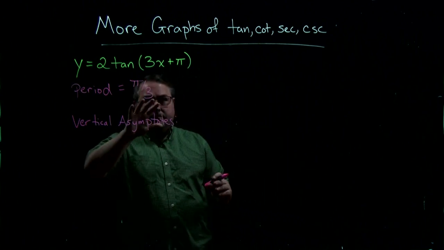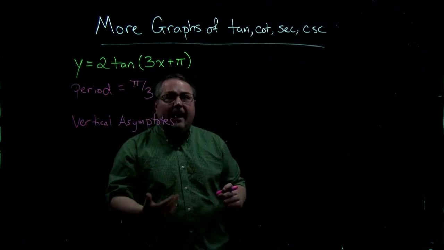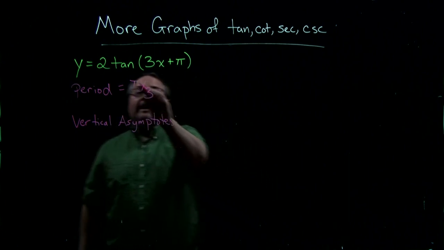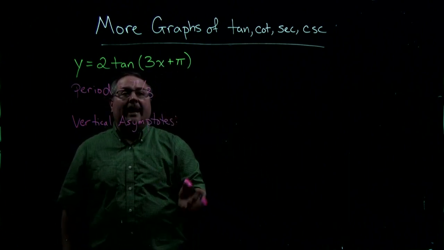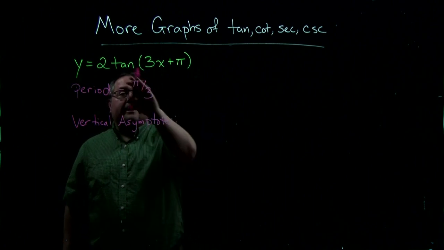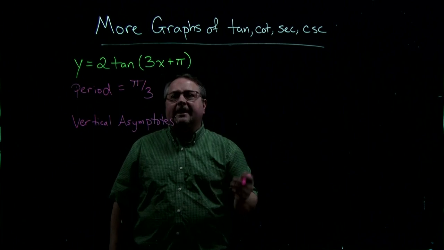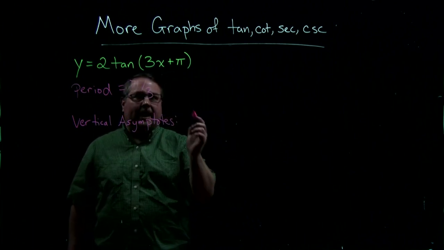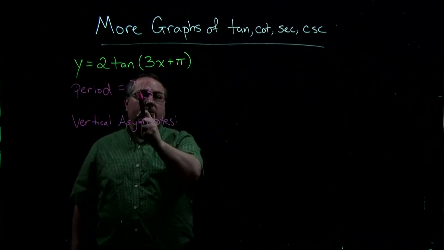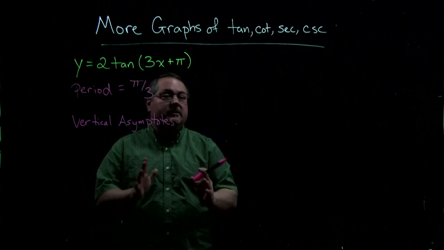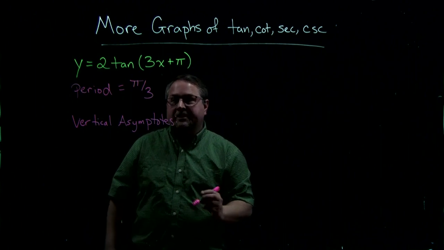Now, we're not taking the tangent of x, so we don't want the cosine of x to be 0. We're taking the tangent of 3x plus pi, so we want the cosine of 3x plus pi to be 0. Again, thinking about the tangent graph, we had vertical asymptotes at negative pi over 2 and positive pi over 2, the ones around x equals 0.